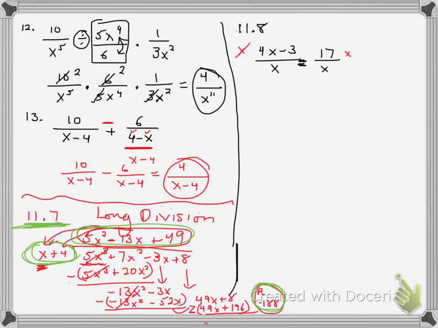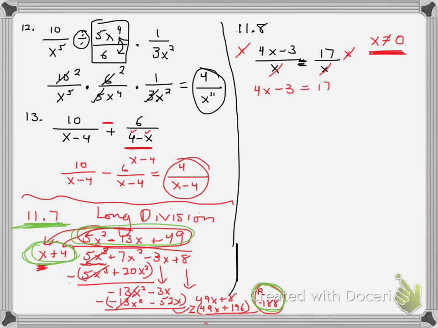Multiply both sides, so it'll cancel here, and I'll get 4x minus 3. It'll cancel here, equals 17, and then that becomes a very simple problem, right? 4x equals 20 or x equals 5, provided, but you also have to pay attention to x cannot equal 0. Why not?